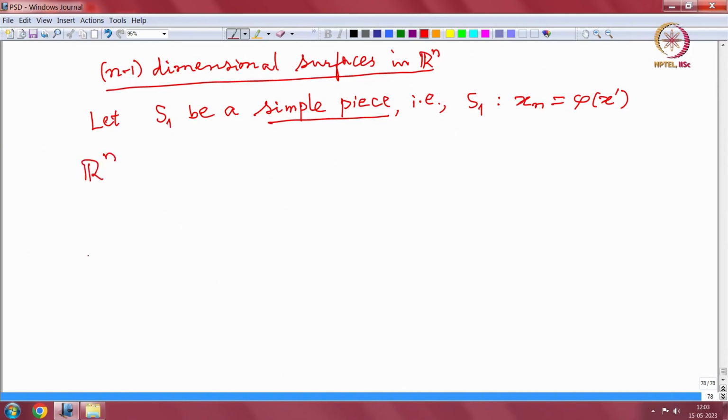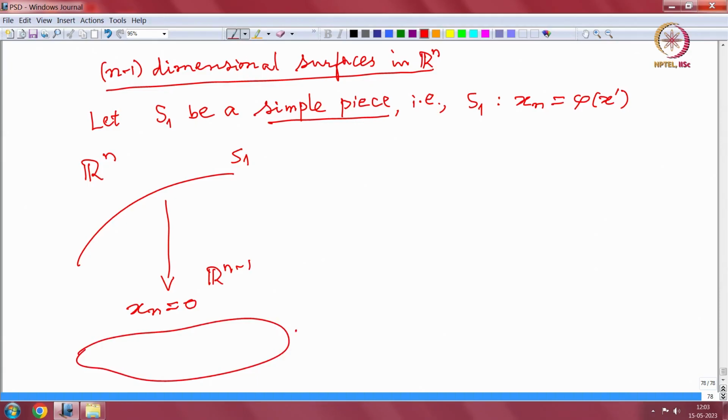This S1 is sitting here and you project it to Rn minus 1, the hyperplane Xn equal to 0, and this X prime is sitting somewhere here.